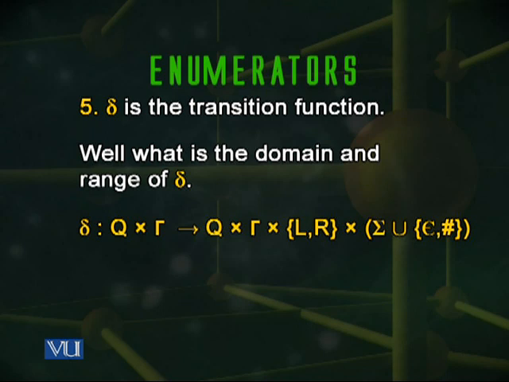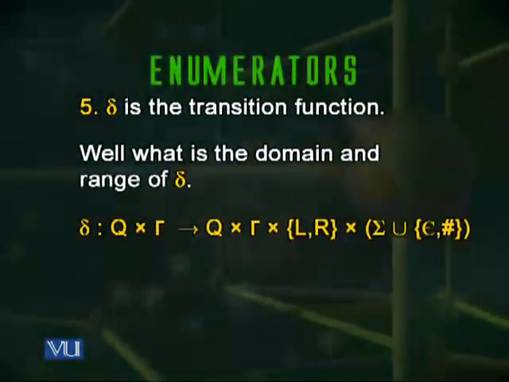But an enumerator is also supposed to produce an output. So we have to also specify what the output head does. Therefore, in the range of the delta function, we have also included Σ ∪ {ε} ∪ {#}. That means an enumerator in a state reading a particular symbol on the work tape can decide to either produce an output, which will be a single character, or produce epsilon, the empty string, which means it doesn't produce an output.